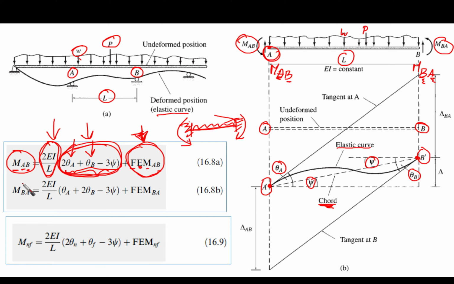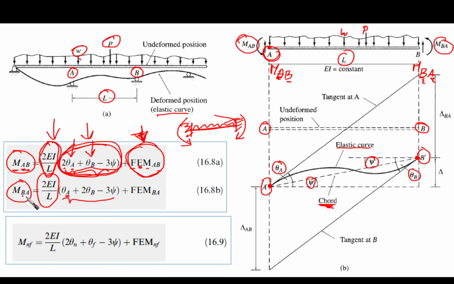Similarly, we can apply the slope deflection equation at point B. As you can see here, MBA is going to equal the same 2EI over L. And here the same as here, but take care that theta A here is multiplied by 2 whenever we are talking about AB.